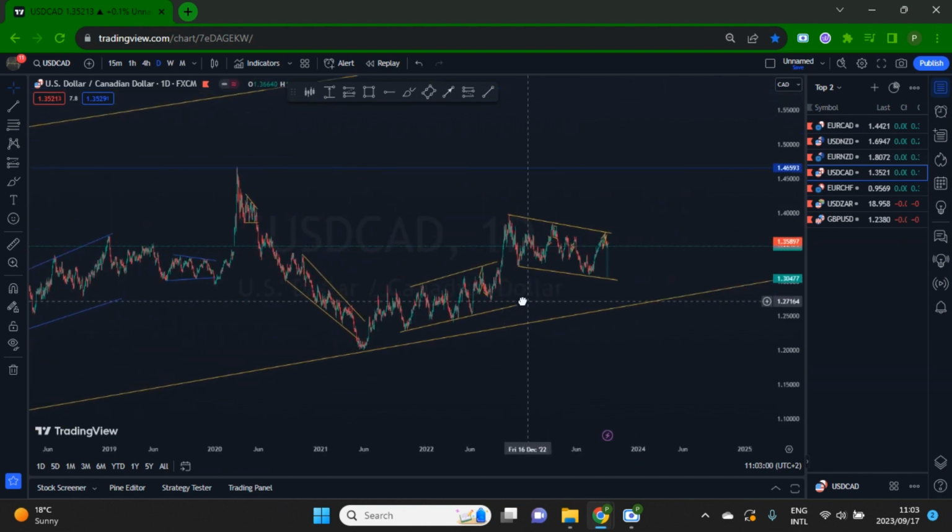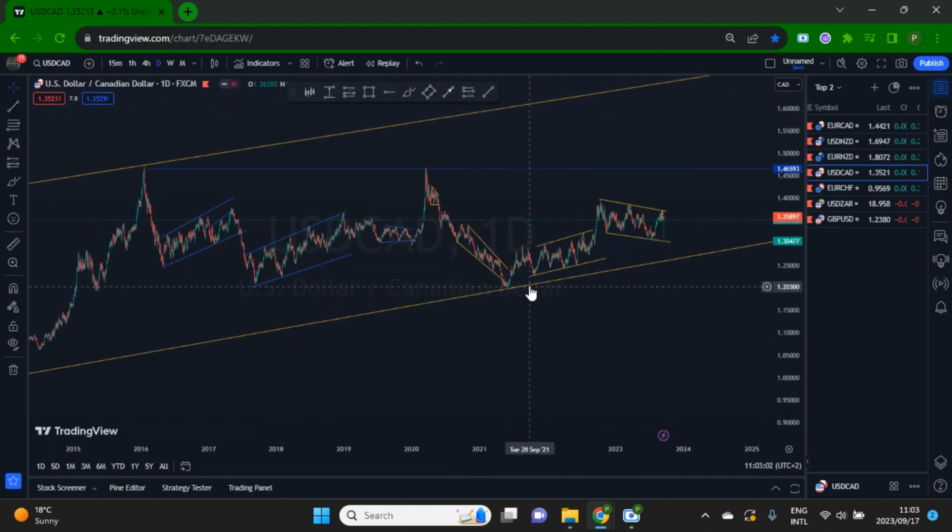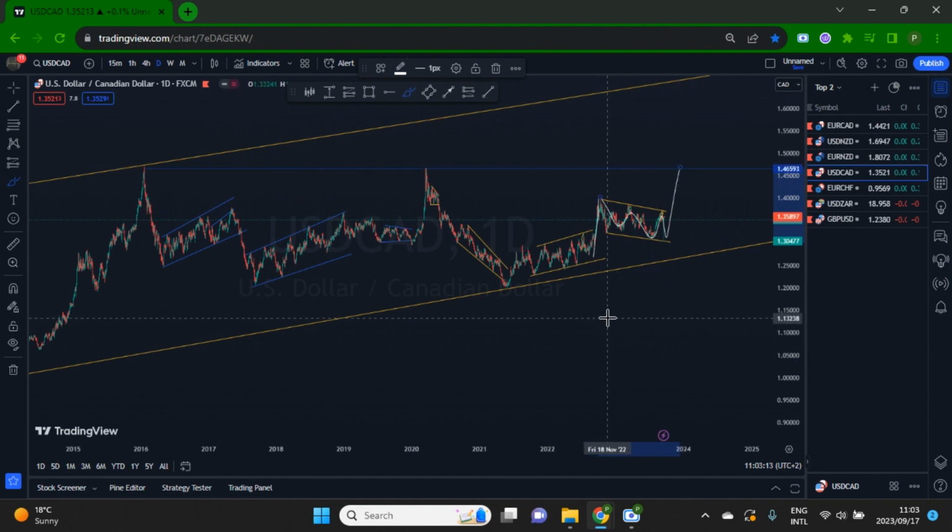So as you can see, the bigger structure, right? It's giving me a breakout, impulse, then a corrective phase, impulse to the upside. That's my plan on how I'm going to execute this trade.